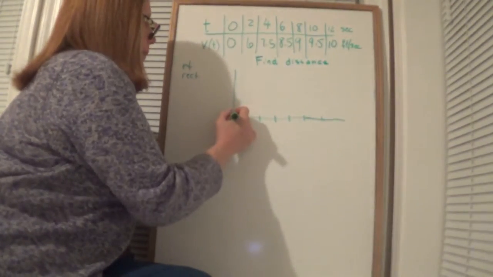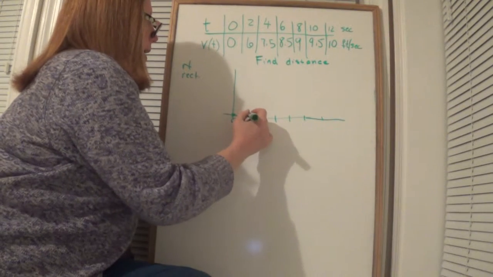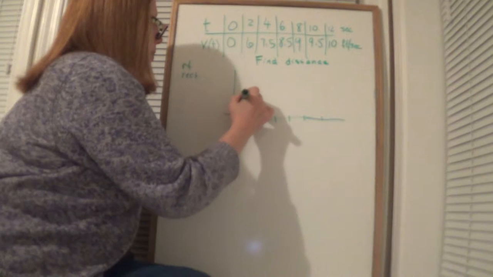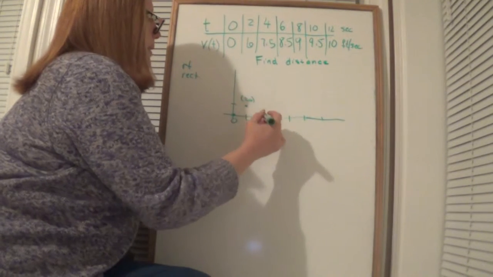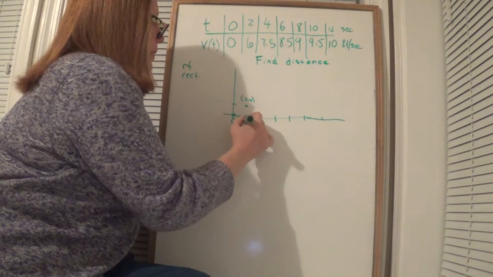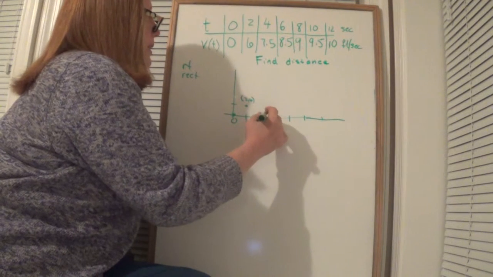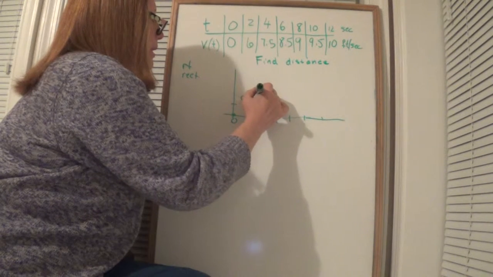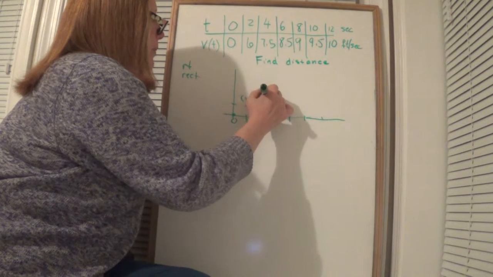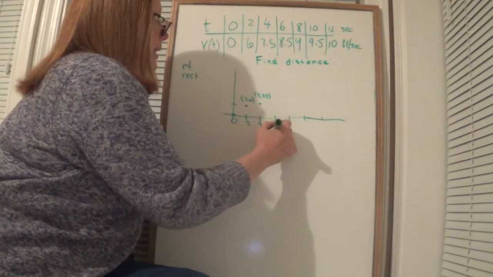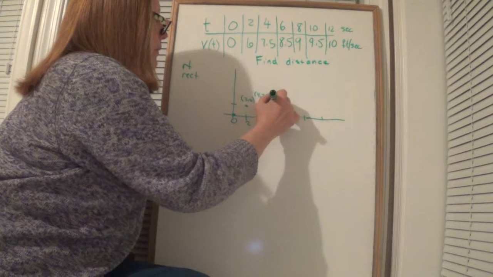At 0, he travels 0. At 2 seconds, he travels 6, so I'll call that the point (2, 6). At 4 seconds, he travels 7.5, so I'll say (4, 7.5). And at 6 seconds, he travels 8.5.